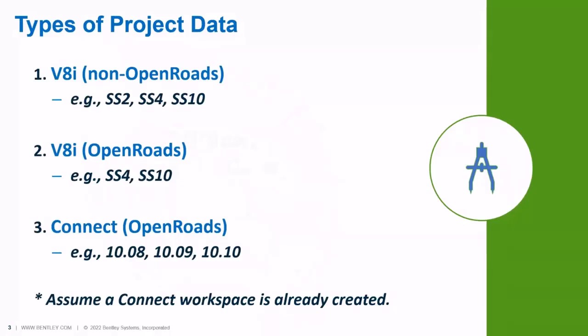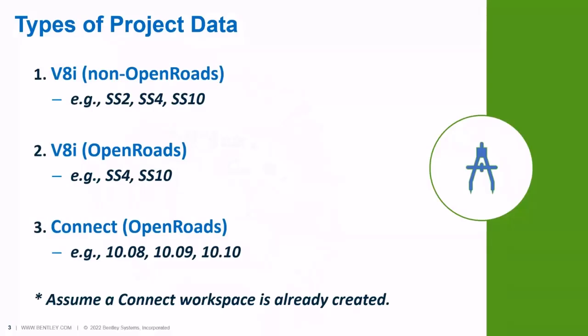The first example is a V8i project that has no OpenRoads data in it. Again, this could be SS2, SS4, or SS10. Then we're going to look at a V8i project that does have OpenRoads data in it. And then finally, a Connect project or an OpenRoads project that we're moving from version to version, for example, from 10.8 to 10.9 to 10.10, and so on.